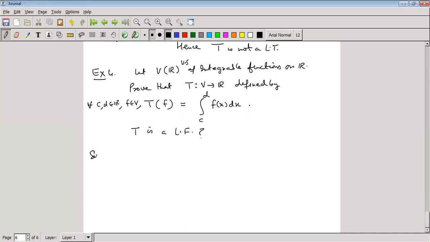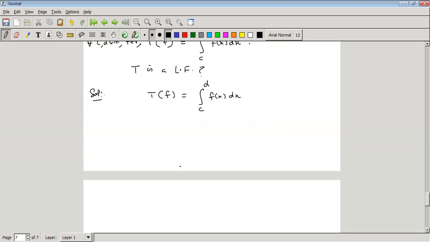So how can we define the mapping? Define T of f is equal to the integral from c to d of f of x dx. Let f, g be any integrable functions in V, and alpha, beta be any scalars that belong to R. So if f, g belong to V, what is T of f?